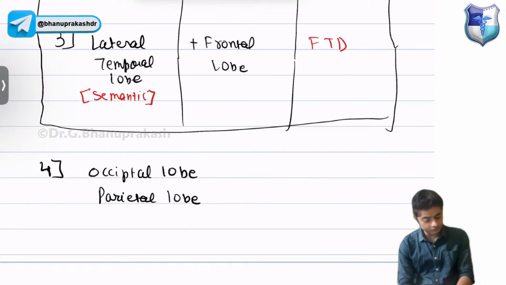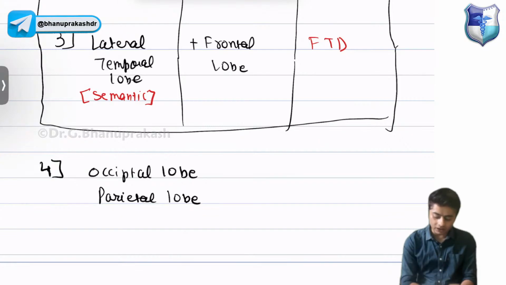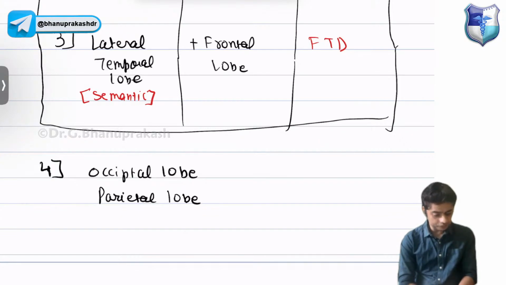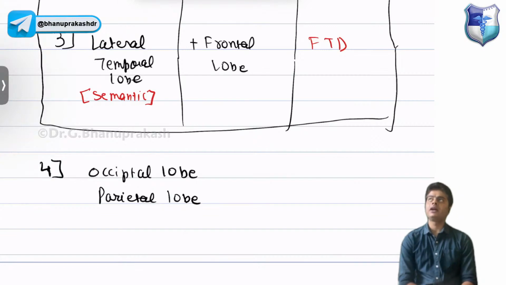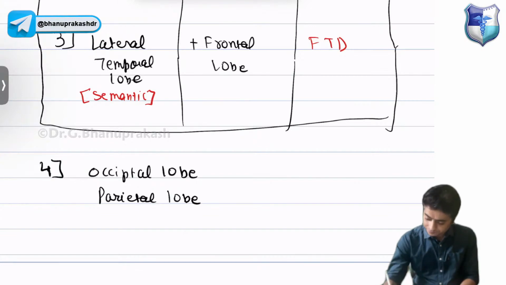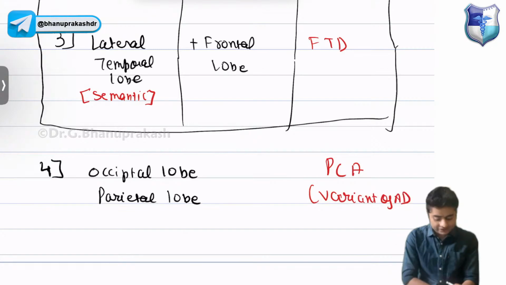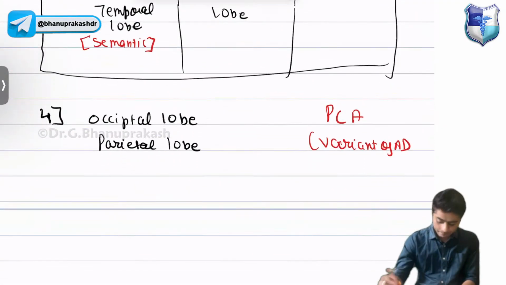Tell me the condition. It is posterior cortical atrophy, a variant of Alzheimer disease. Okay, everyone.